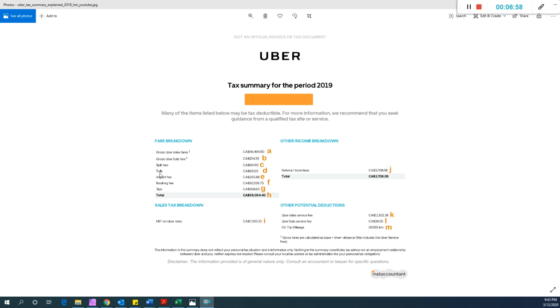As soon as the driver accepts it, Uber would say, okay, I brought you an order and you booked it, so I'm going to charge you a booking fee for each request that you accept.